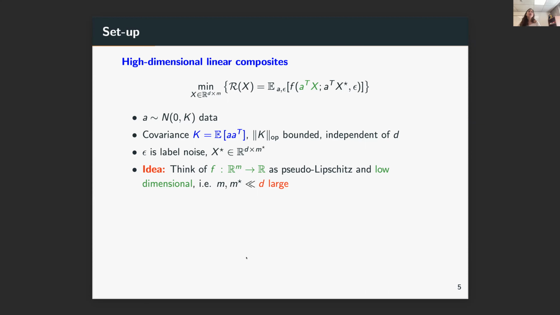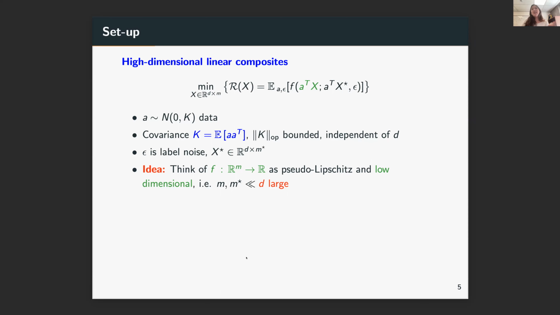The idea behind the problems I'm going to look at is that I want to impose that machine learning problems have some high dimensional structure built in, in the sense that they look like compositions of a high dimensional function with a low dimensional function. So here I'm going to think of F as being low dimensional and my data A being very high dimensional.